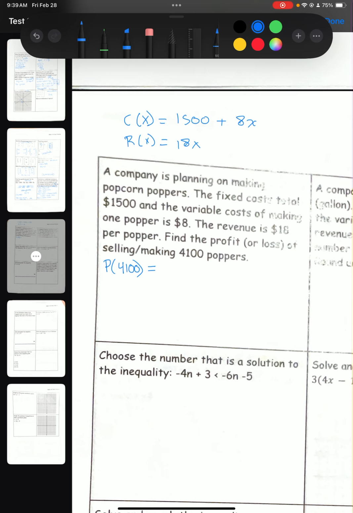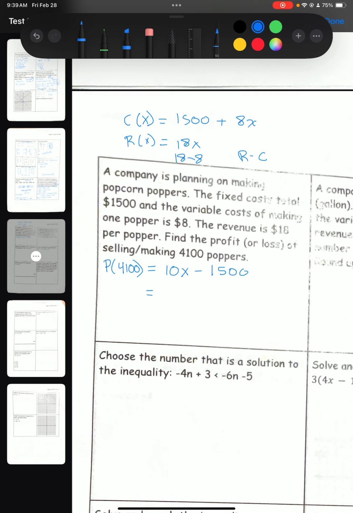So again, profit is our revenue minus cost. That's going to bring our 18 minus 8, which is our 10x, and then minus 1,500. So that's what we have. Then we're going to plug that in and find out how much that actually is.